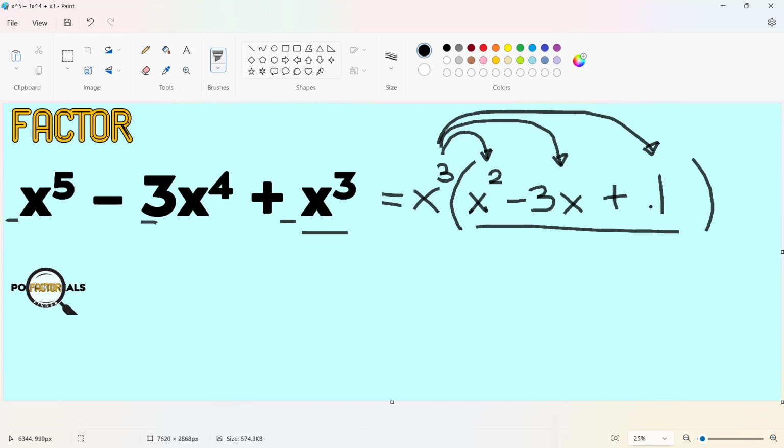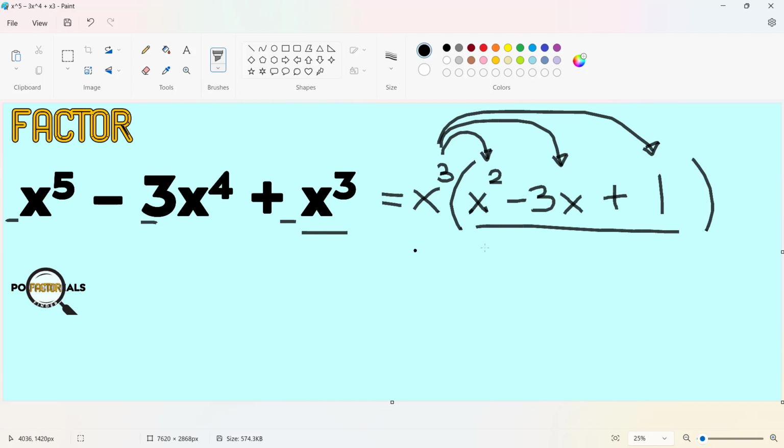We could say that there is another factor for this if we could look for factors of 1 that when added will result to negative 3. Again, the factors of 1 is just 1 in itself, or you could also use negative 1 times negative 1. But those pairs, when added to each other, will not get negative 3. In short, this is also a non-factorable trinomial.